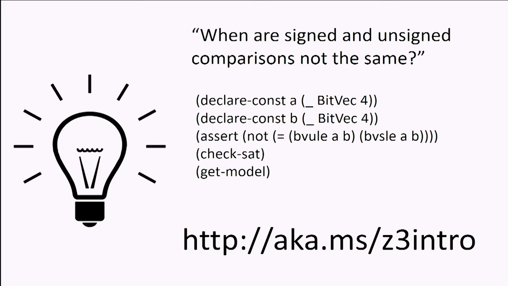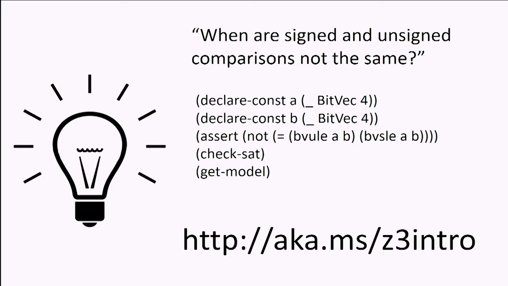What this piece of code is doing is it's trying to ask the question, when is signed and unsigned comparison not the same? If you've done any auditing of code, you might realize that one very common issue is that signed and unsigned integers have different rules for comparison. You can have a check, a signed comparison, that doesn't behave the way your developer expects.